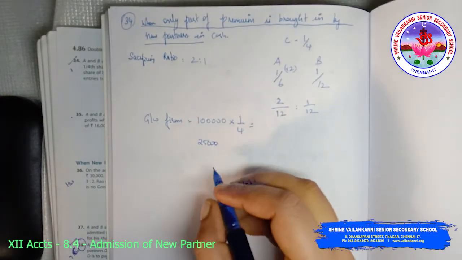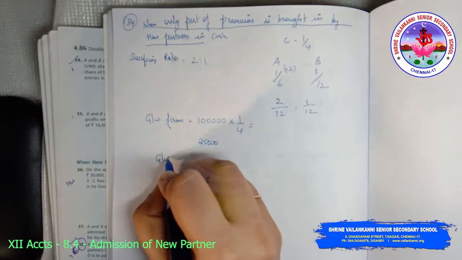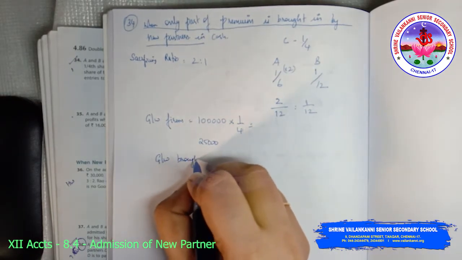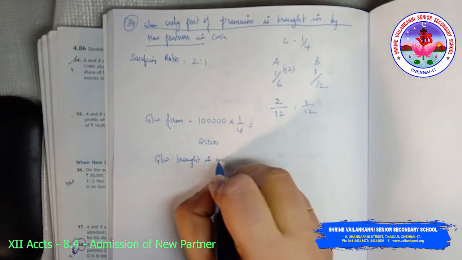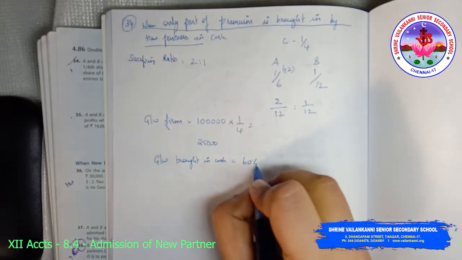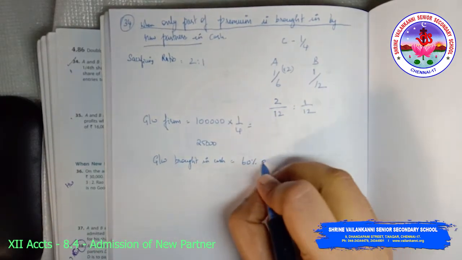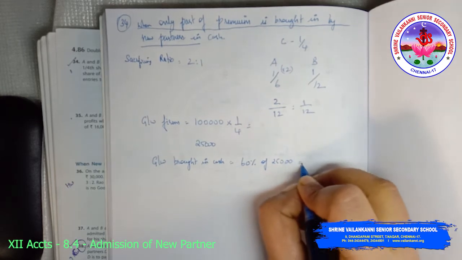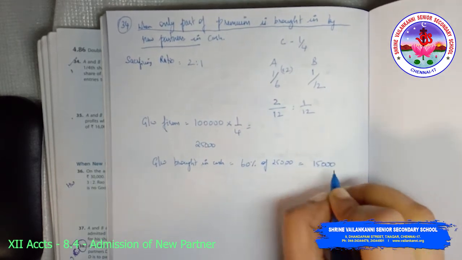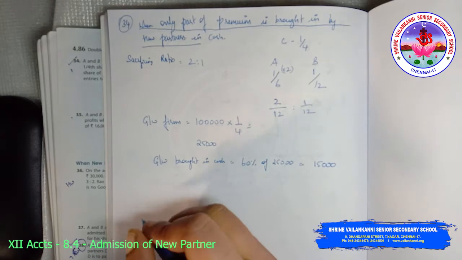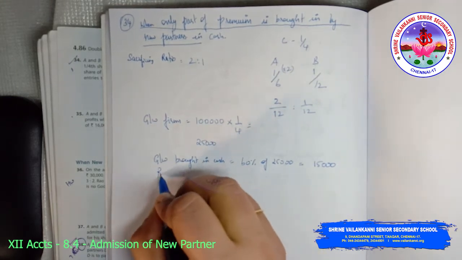Now the goodwill brought in cash is 60% of 25,000, which is 15,000. The remaining goodwill is adjusted through C's capital.